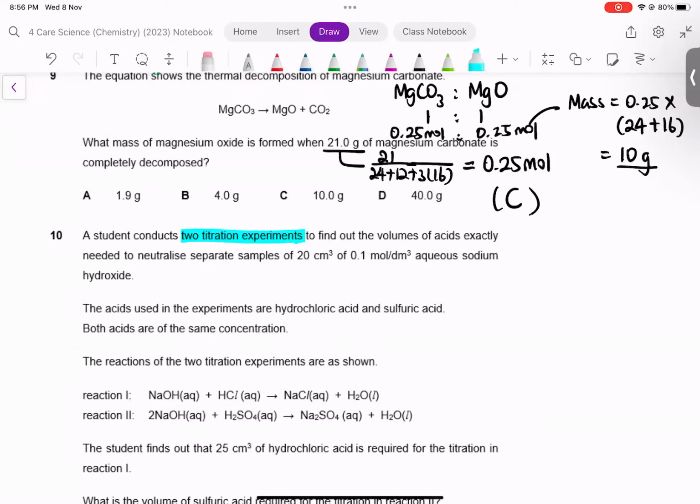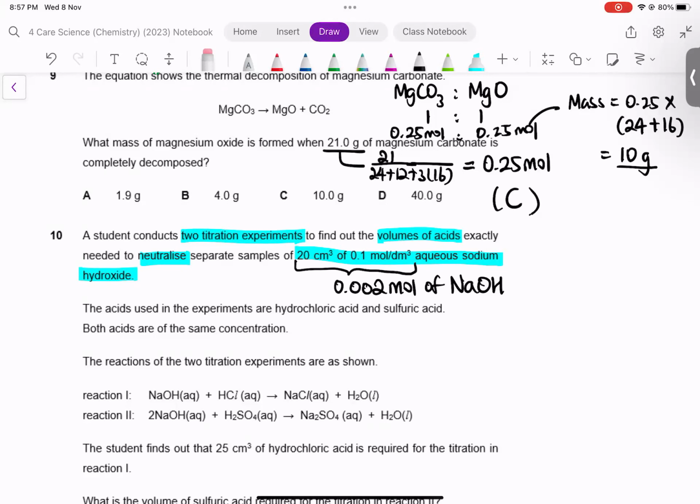So 2 different titrations to find out volumes of acid needed to neutralize 20 cm³ of 0.1 mole per dm³ sodium hydroxide. The first thing you should do is to now convert this volume and this concentration to moles. It is 0.002 moles of sodium hydroxide.